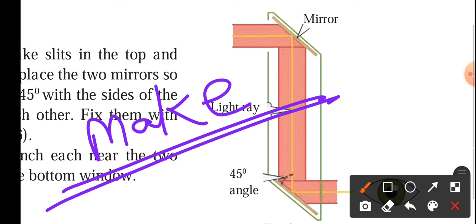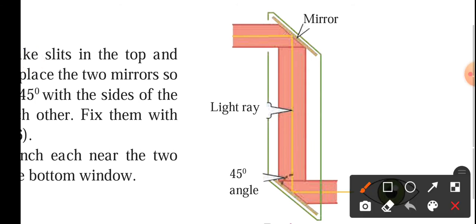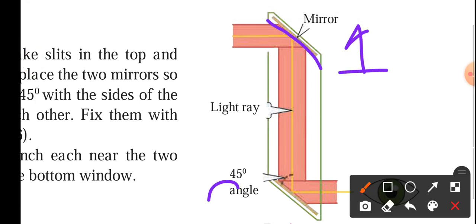So make your periscope, use it, and see that it's really working. The care you have to take while making it is that mirror number 1 and mirror number 2 should both be parallel to each other. Mathematically they should be parallel to each other.